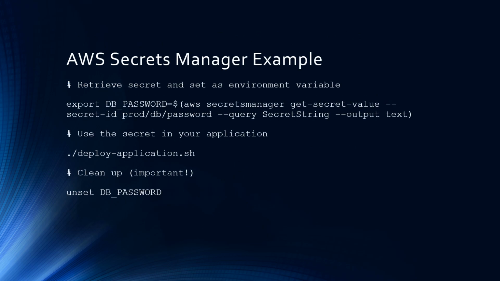Here's a sample approach using AWS Secrets Manager. # Retrieve secret and set as environment variable: export DB_PASSWORD=$(aws secretsmanager get-secret-value --secret-id prod/db/password --query SecretString --output text). # Use the secret in your application: ./deploy_application.sh. # Cleanup (important): unset DB_PASSWORD.